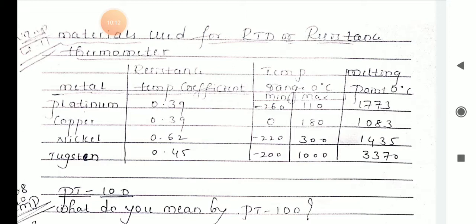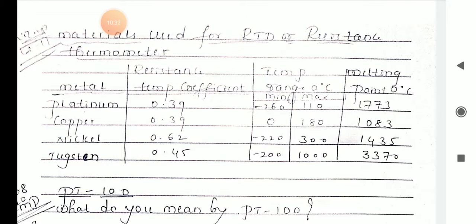The materials are platinum, copper, nickel, tungsten. In platinum, we are going to use temperature coefficient 0.39, copper 0.39, nickel 0.62, tungsten 0.45. You can observe the temperature range and melting point in terms of degree Celsius.